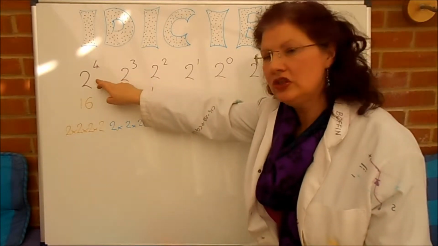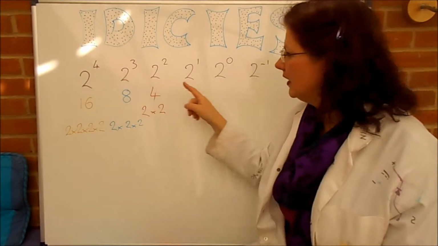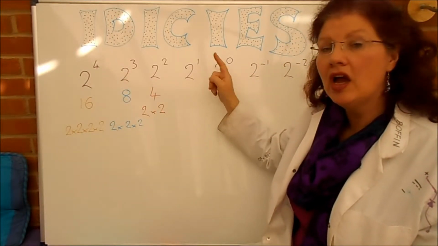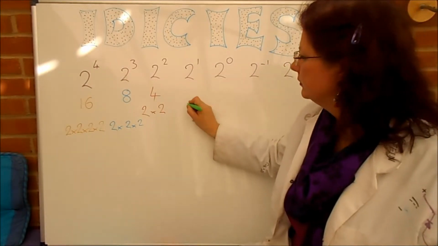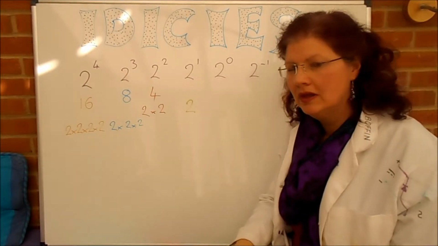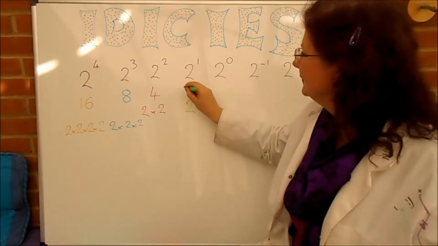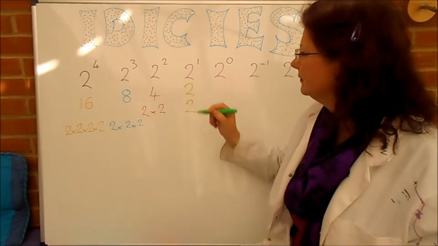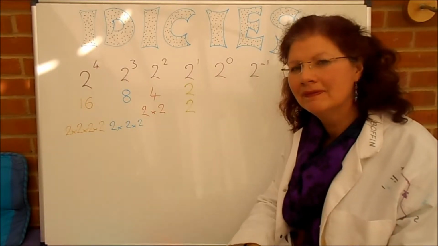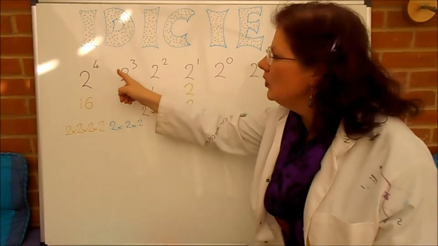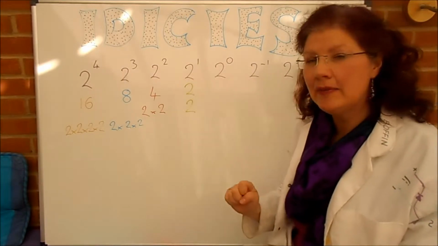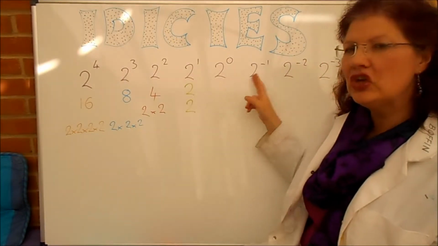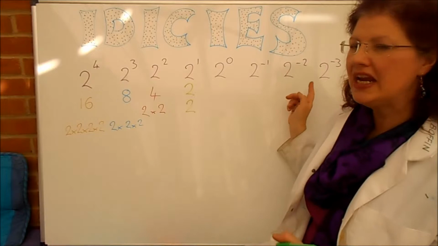If that means take a 2 and write it down 4 times, then this is take a 2 and write it down once. So that one's just 2. Now, these are ones where we can just take the number and write it down that many times. At this point, it starts getting difficult to write something down -2 times.